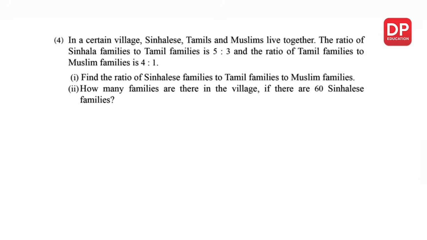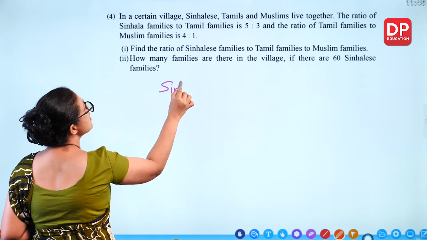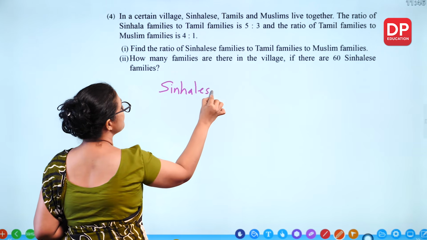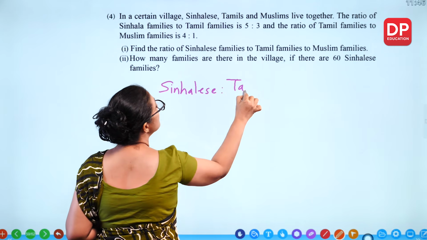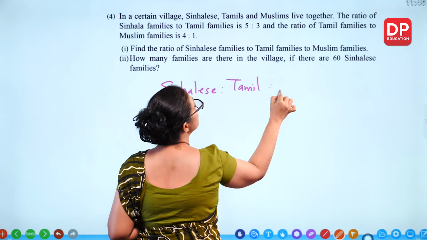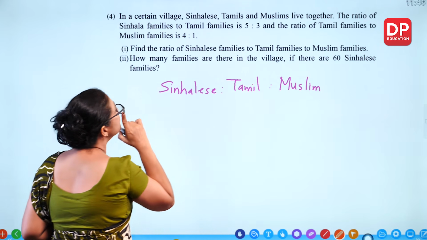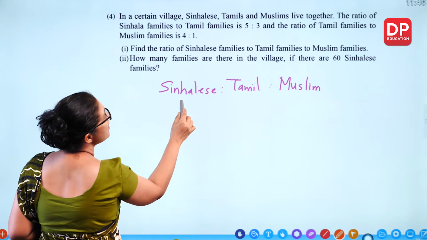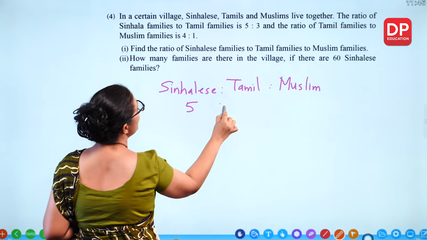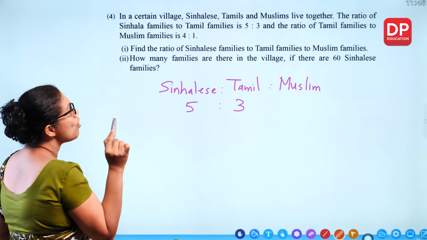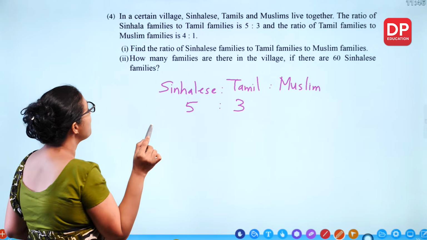Question number 4. In a certain village, Sinhalese, Tamils and Muslims live together. The ratio of Sinhala families to Tamil families is 5:3. Sinhalese, Tamil and Muslim. This ratio is 5:3. And the ratio of Tamil families to Muslim is 4:1.